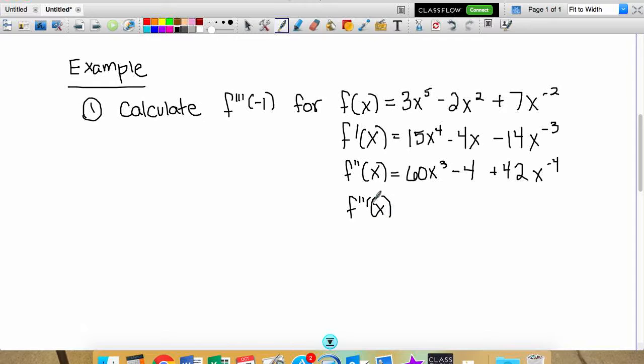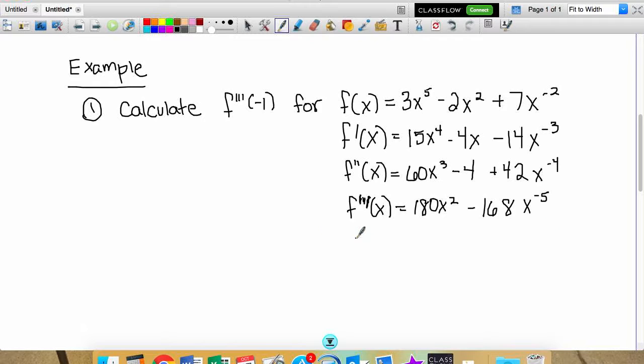Last but not least, we find f triple prime, and we get 180x squared. The negative 4 goes to 0, so it goes away. And then the last term becomes negative 168x to the negative fifth. So this is our third derivative.